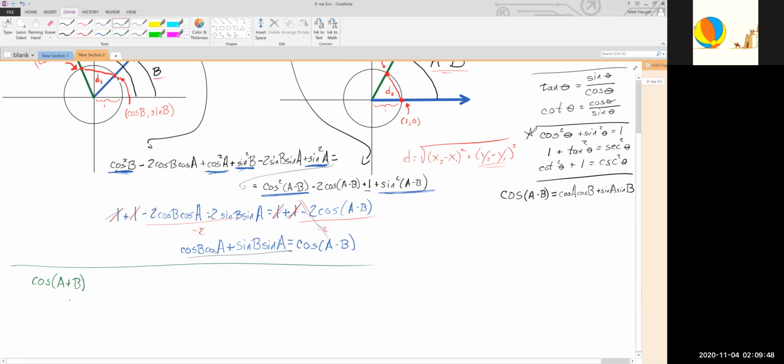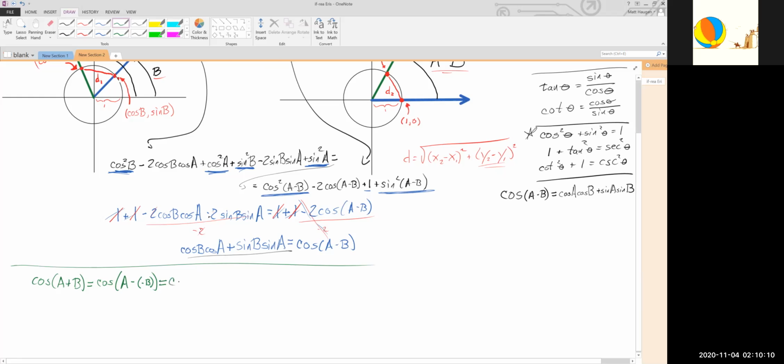Do we have to go through this whole argument again? Not at all. The cosine of A plus B is equal to the cosine of A minus the opposite of B. Turn that addition into a subtraction, and hey, we have a subtraction tool. The tool we just built.